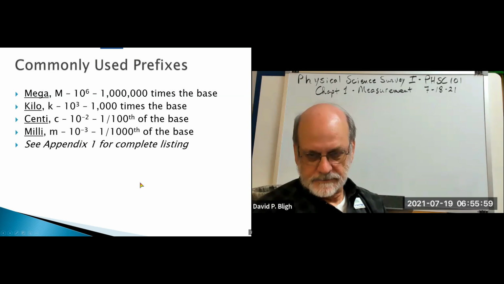Okay. Here's another important point that I want to make. When you write a number that has a decimal in it, if there's no non-zero number to the left of that decimal, you better put a 0. If you write this like this, that is wrong.